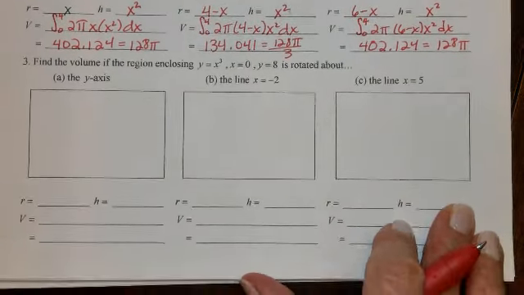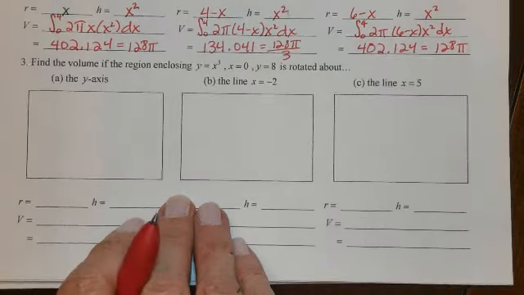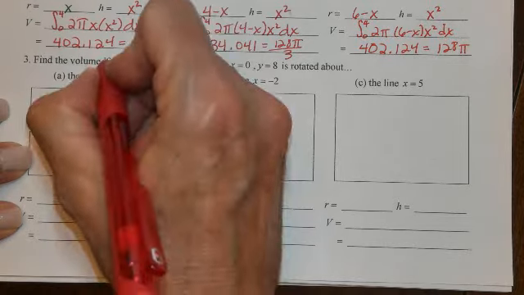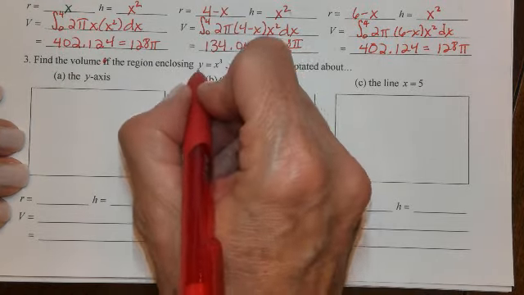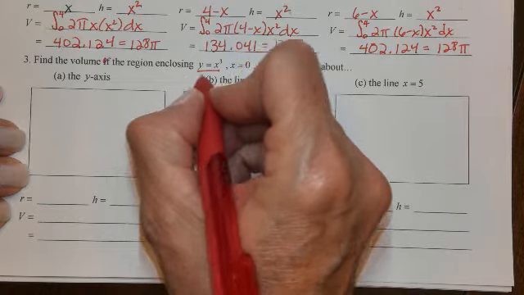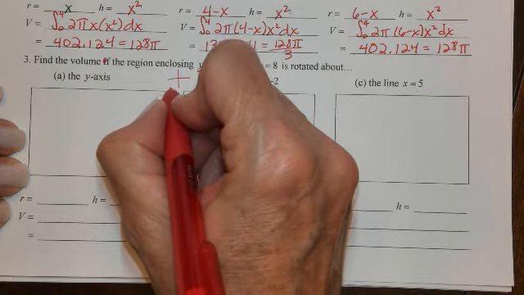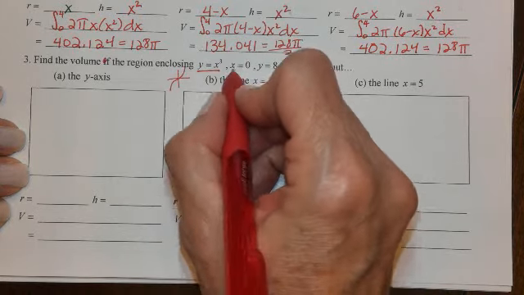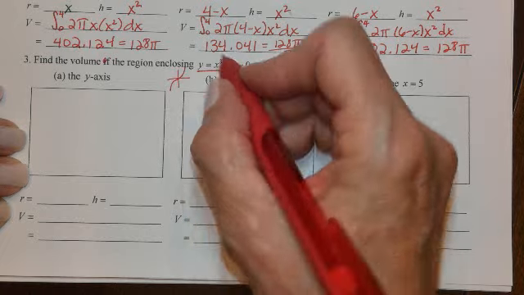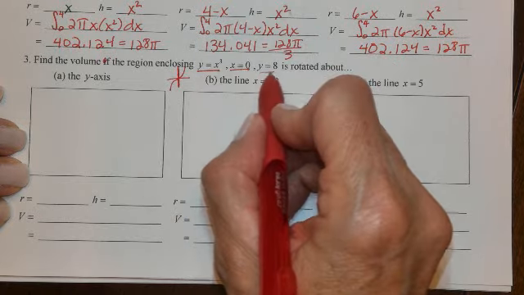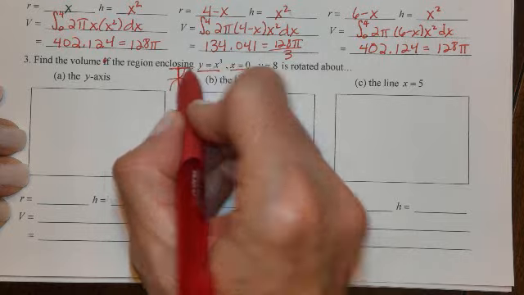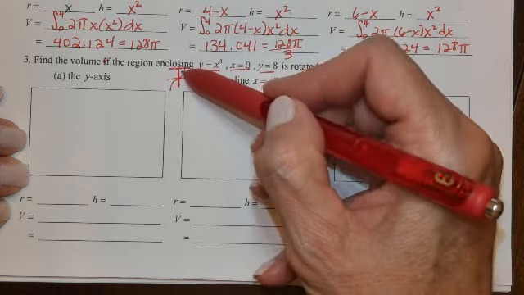Okay, next up. Find the volume of the region enclosing y equals x cubed. We know what y equals x cubed looks like, right? x equals 0, that's the y-axis, and y equals 8. y equals 8 is up here, so the region is going to be right there.